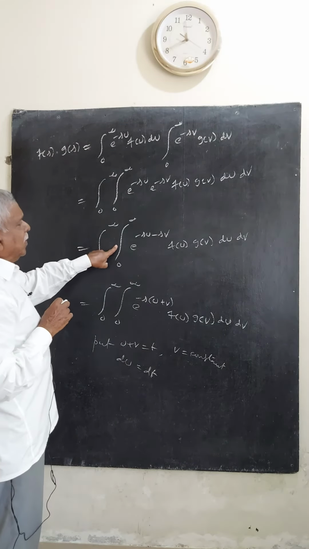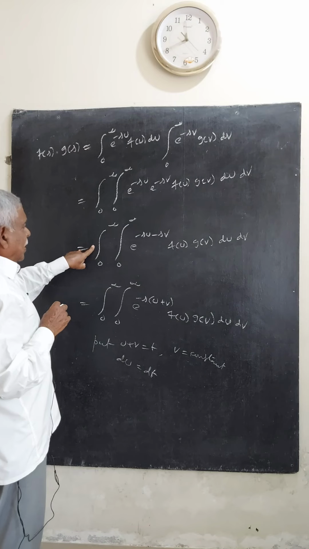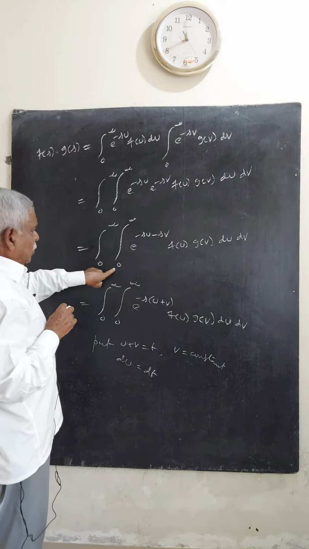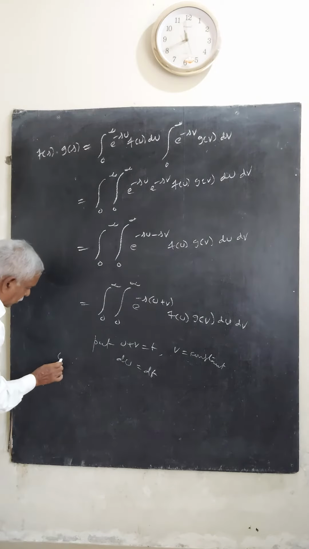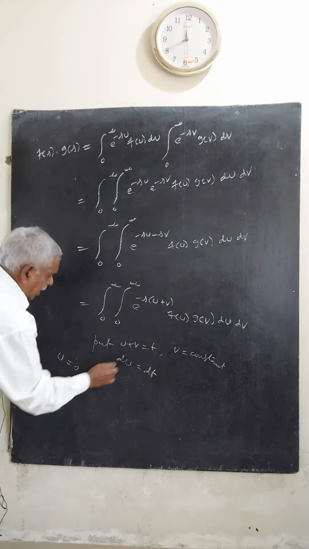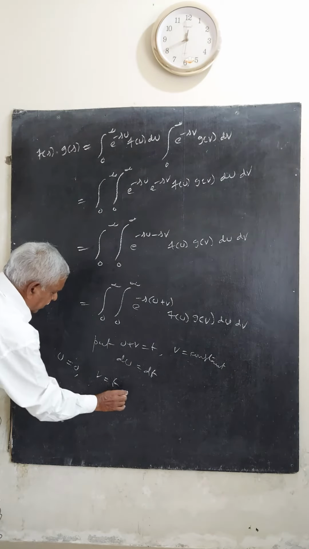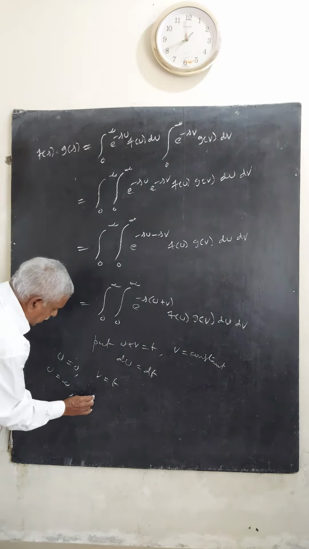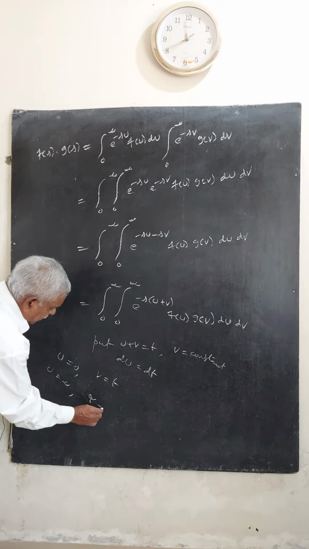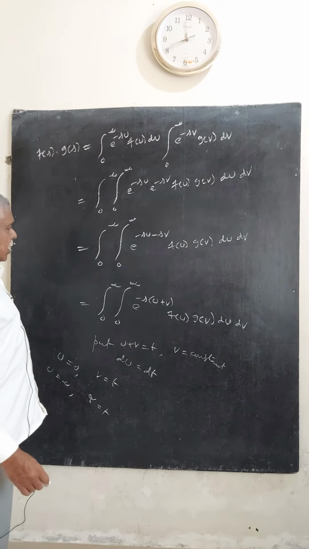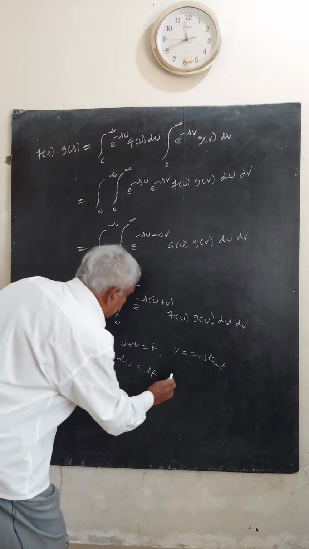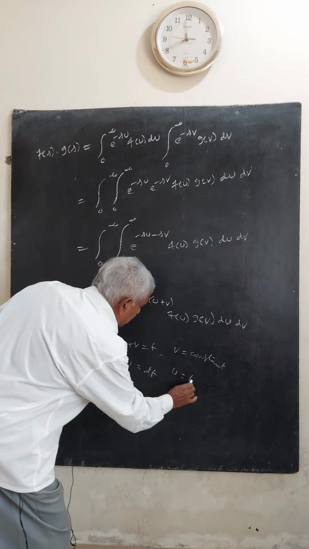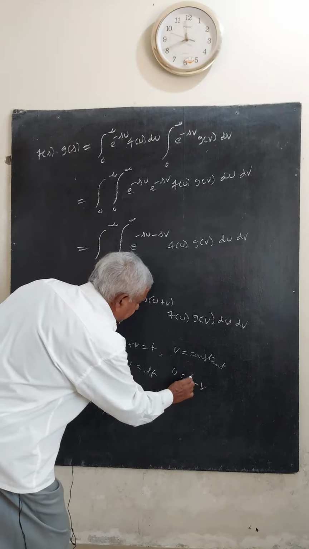See, one limit belongs to u, another limit belongs to v. The u lower limit is 0. If u equals 0, then t equals v. If u equals infinity, then t is also infinity. Again, u equals t minus v.